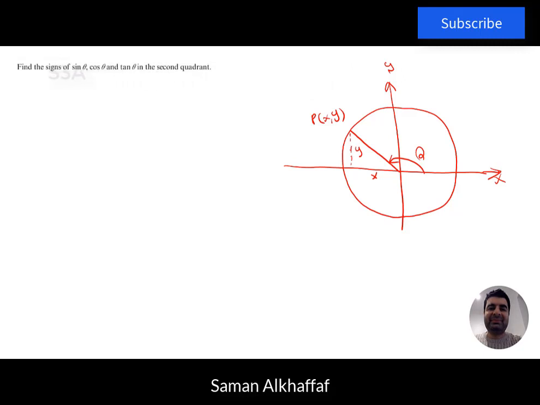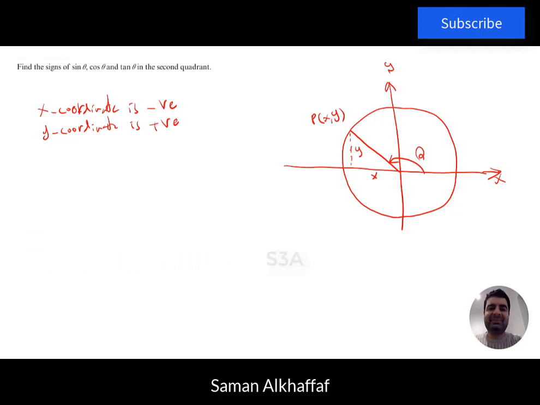So the x coordinate is negative, and the y in this scenario is positive, in this quadrant.